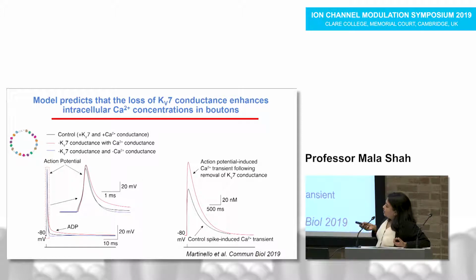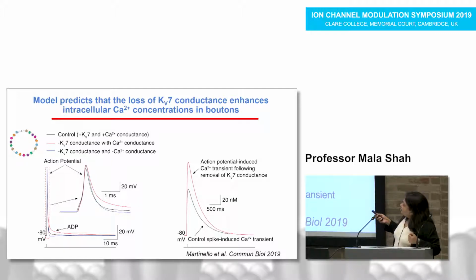And we simulated an action potential. This is the black, which is a control, with a very small ADP. Now, when we have the calcium conductance and we remove the Kv7 conductance, you can see that the action potential width becomes greater, and there is an after depolarization that follows this.